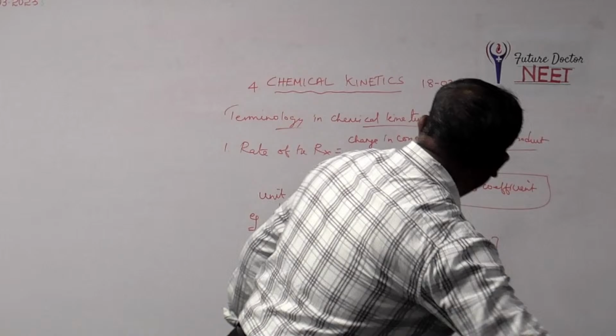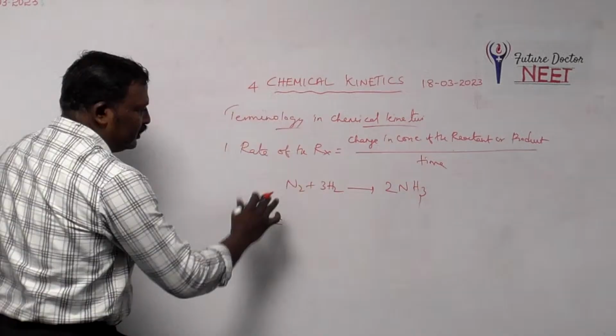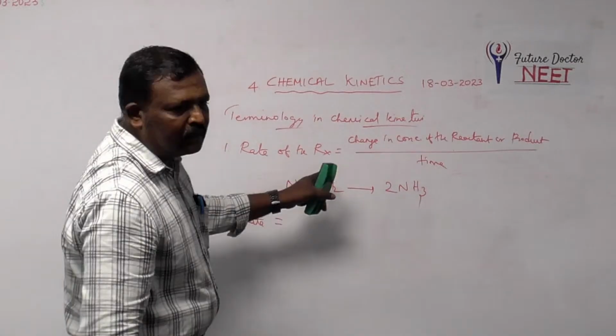I'll give one more example. You write N2 plus 3H2 gives 2NH3. How to write the rate of reaction? Rate is equal to what? On the left hand side you always put minus. Before that, you check whether it is balanced or not. But it's a balanced equation. Mostly they will give only a balanced equation.